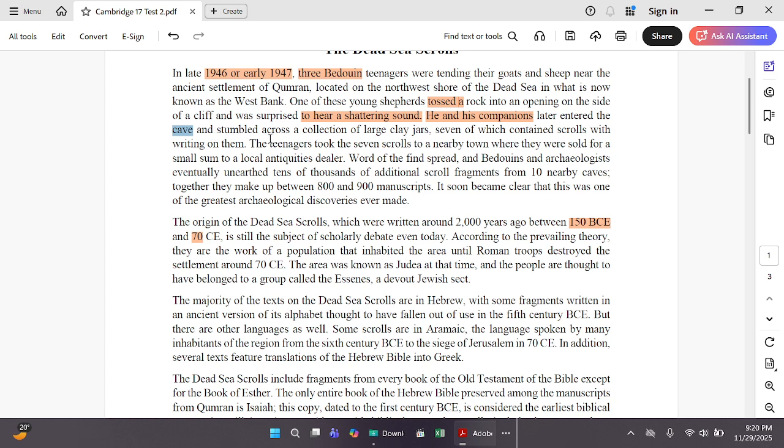So: I stumbled across a collection of large clay jars, right? So jar means pots or boxes or containers, and which were made of clay, right? So number two here, the answer is cave, and number three, the answer is clay.